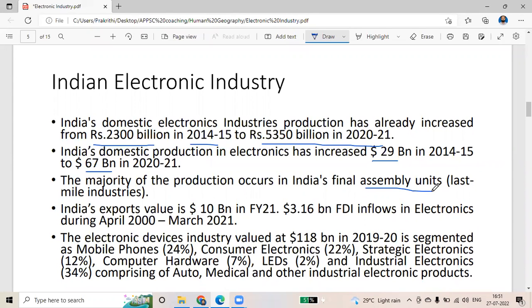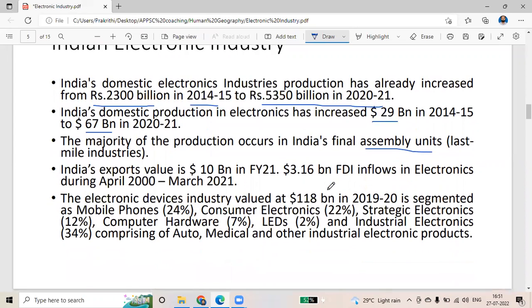But due to this, what happens? Of what we produce and the profit we get, 80% of the profit is moving to other countries in the name of import. We have to import. The electronic device industries cover about 180 billion in production in 2020.